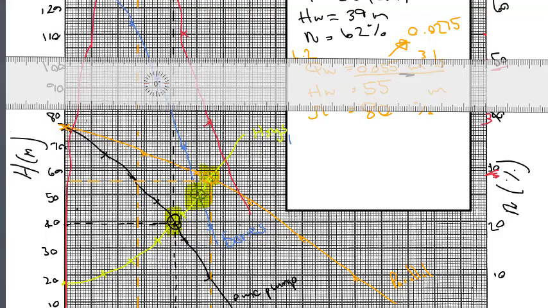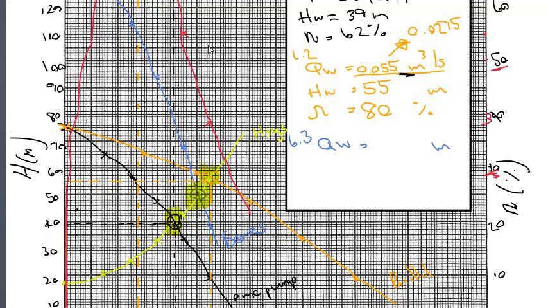Okay, and our next one would be the pumps in series 6.3, where we have our QW, which is our working point for the pumps in series, measured in meters cubed per second. Let's just get the ruler out of the way.